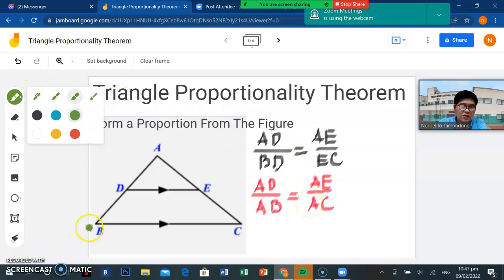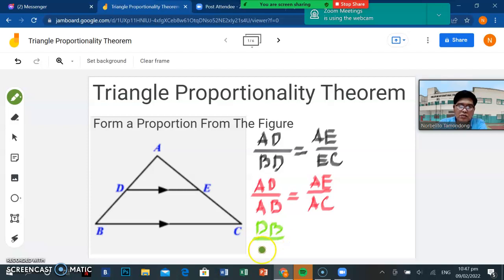Another is you can also use this DB. DB is to AB, the whole part, equal to this part also EC is to the whole part, which is equal to AC.